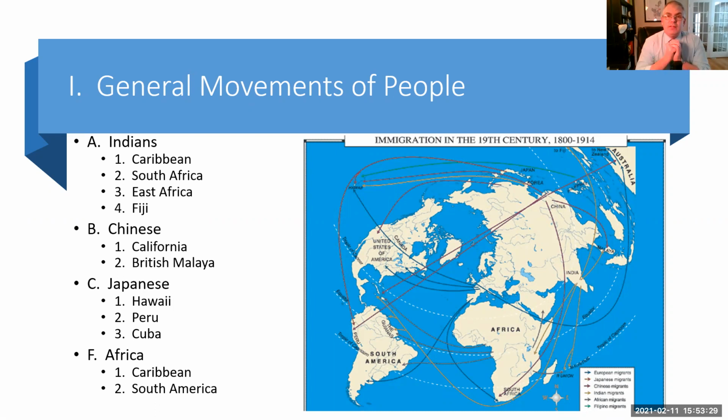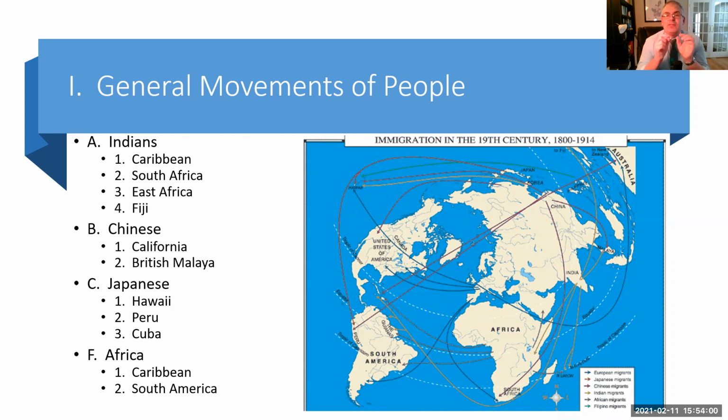In the case of Indians, we're going to see Indians going into British possessions in the Caribbean, the British colony of South Africa, British colonies in East Africa, and into the Fiji Islands. The Chinese, we're going to see a Chinese migration into California, as well as into British Malaya, or what we call Malaysia. The Japanese are going to go to Hawaii, Peru, and Cuba.